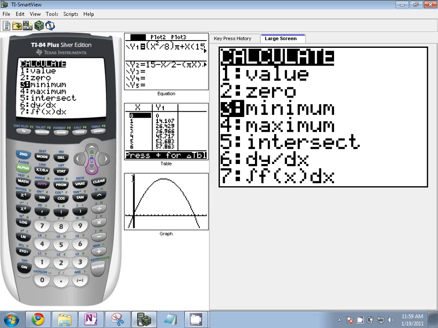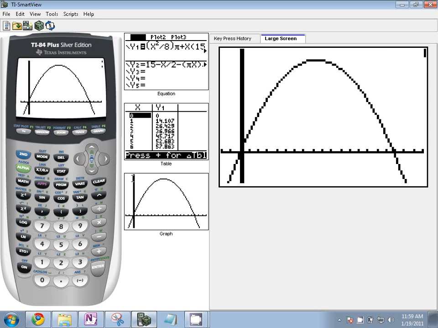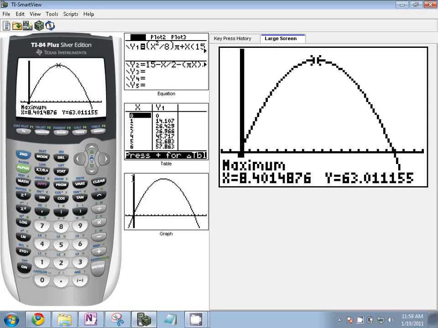Yeah, and then it asks you for left bound, so you go definitely to the left of it, and then you go definitely to the right bound. And then it asks you for a guess. So you do the guess here, and you end up with that. Oh, that's nice. Oh, look, I already took the screenshot of that.